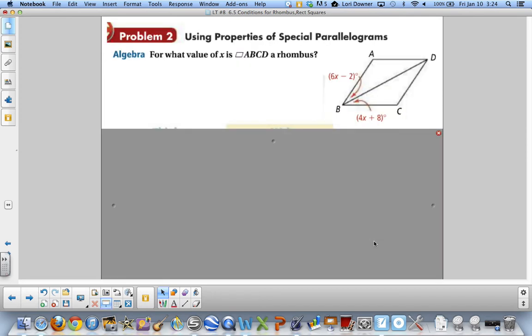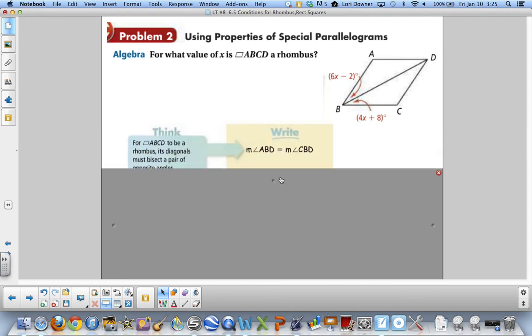We're going to use some algebra in this problem. For what value of x is parallelogram ABCD a rhombus? Knowing that it's a rhombus, the diagonal BD is going to be bisecting angle B. That tells me that this angle will be congruent to this angle.